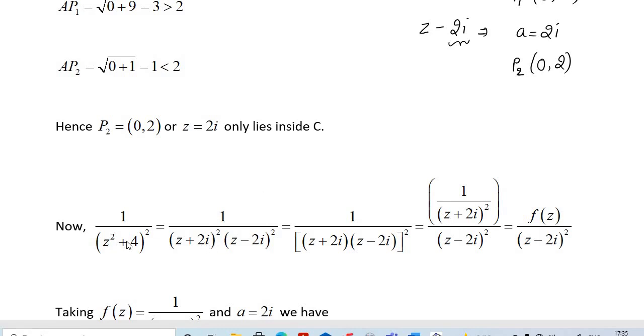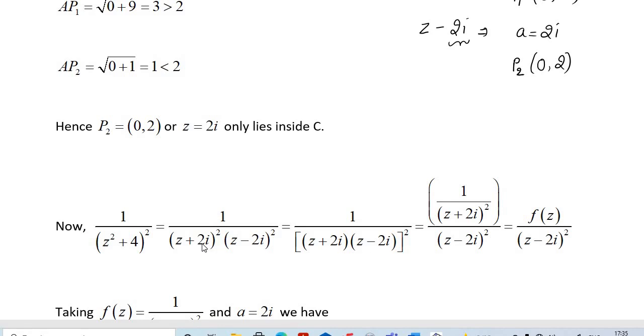So observe here, 1 by z square plus 4 whole square. After writing it as factors, then we are going to get this term. Again I am writing whole square for these two. If you want, you can write this one, otherwise you can skip this one.